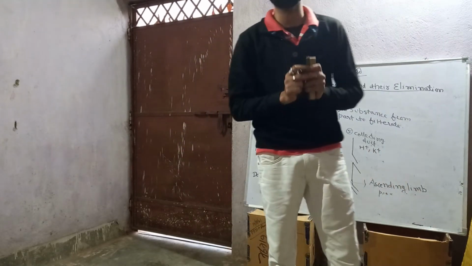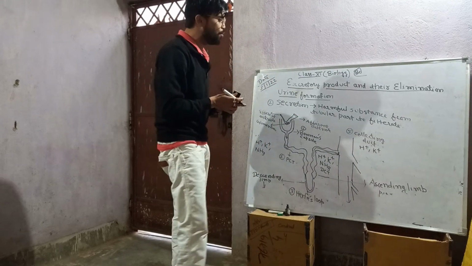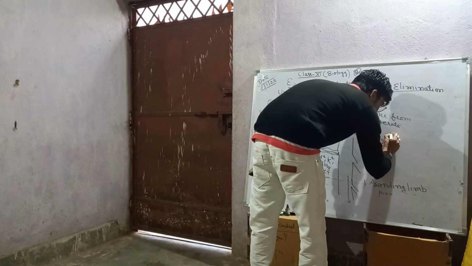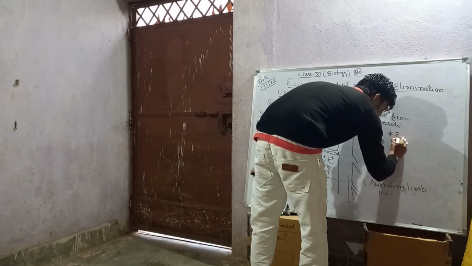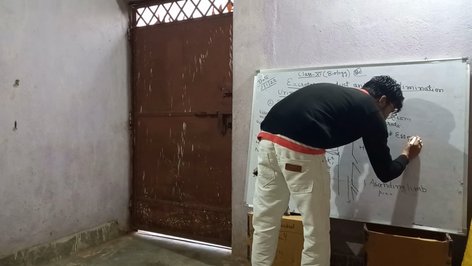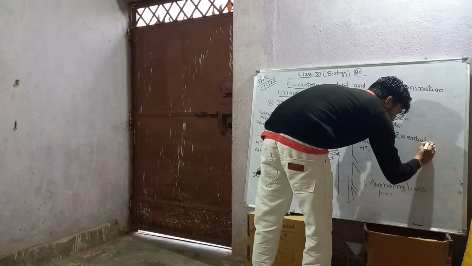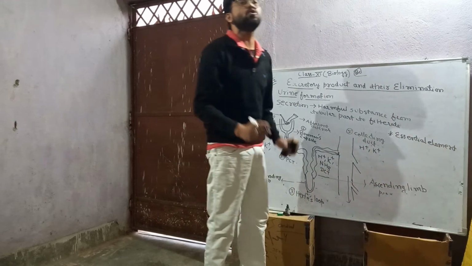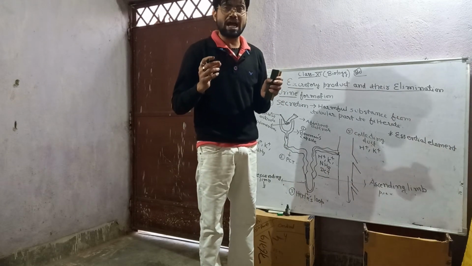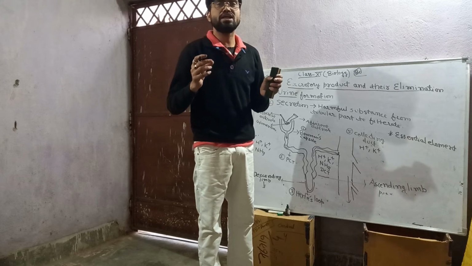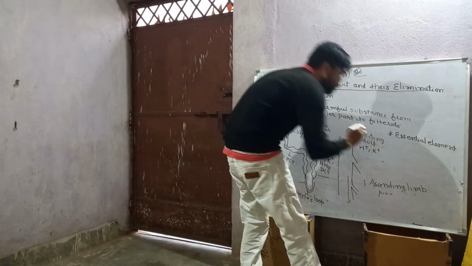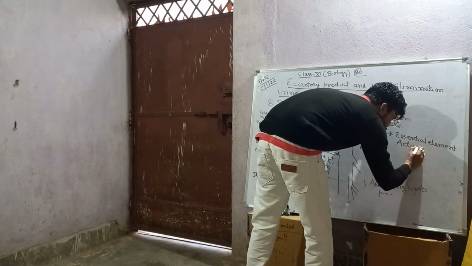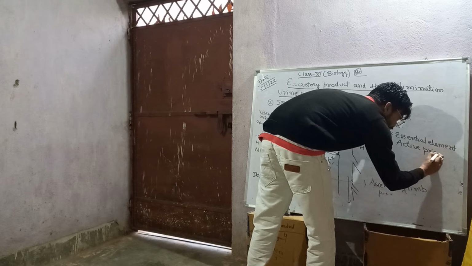My dear students, I hope you understand the process. Now you have to know two things here. First, the essential elements, meaning nutrients, water, electrolytes, bicarbonate ion and sodium ion, are all absorbed by the active process, meaning by using energy.